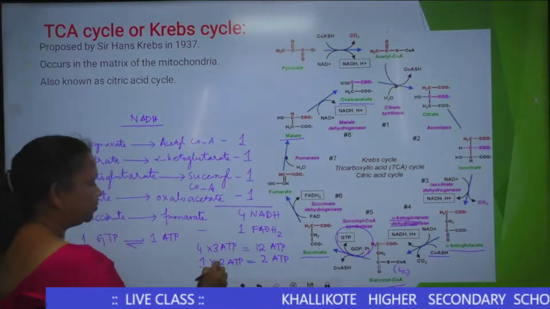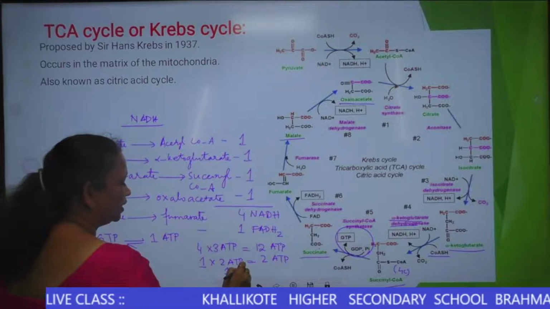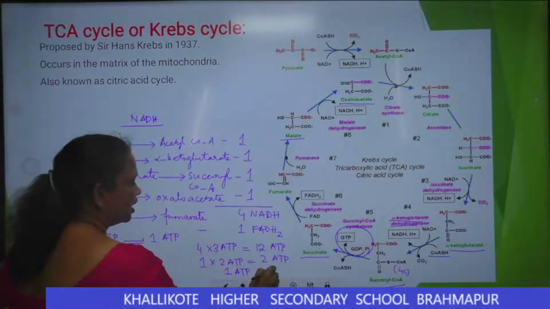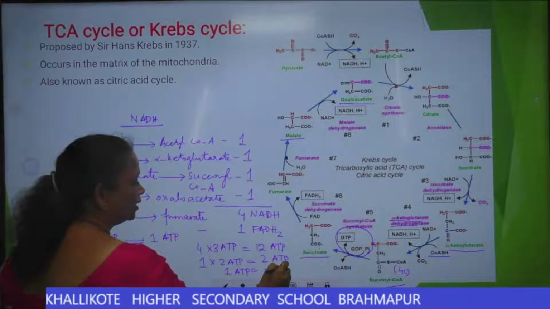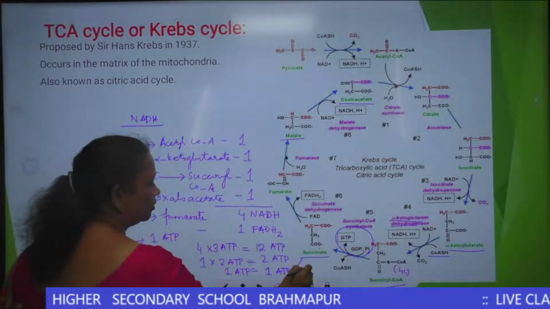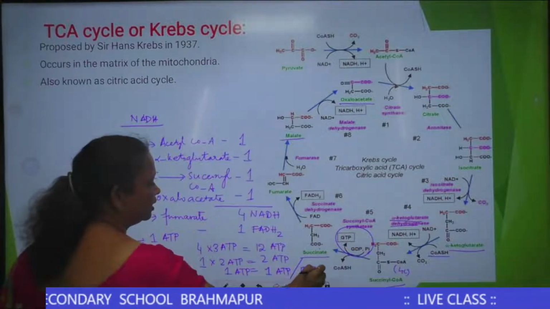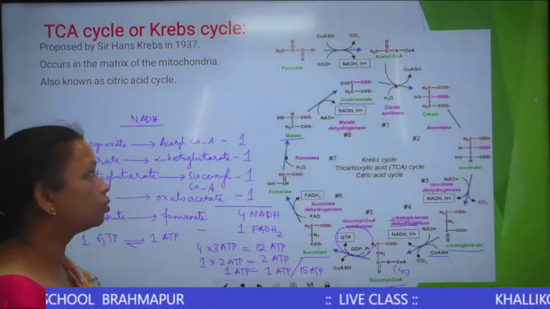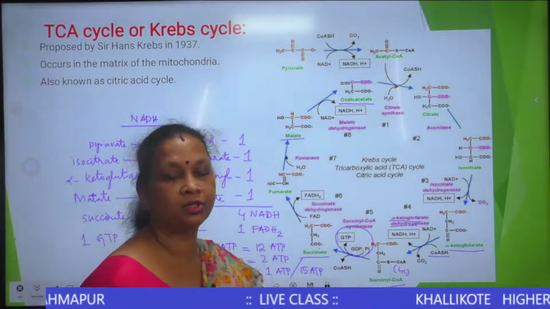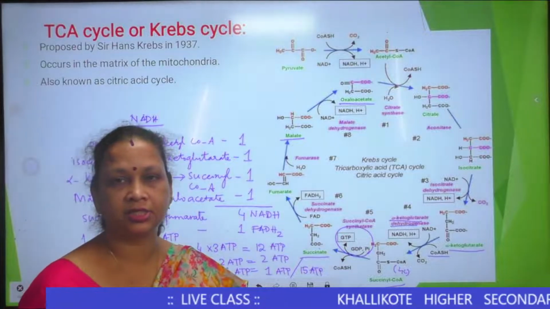and there will be synthesis of 1 ATP direct molecule. This is amounting to 1 ATP. So, here the total becomes 15 ATP molecules for one pyruvate molecule that is oxidized by the TCA cycle.